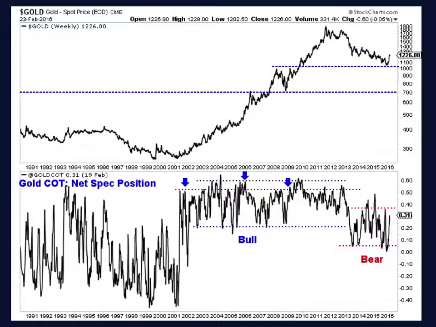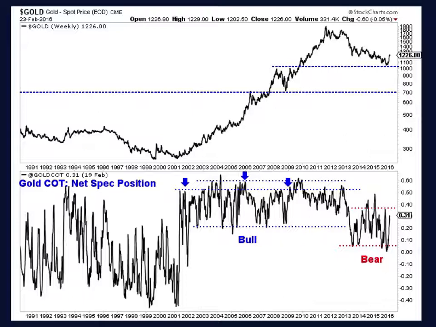And so when the position is higher, that means that there are more speculators long the gold market. And if the data is negative, which we haven't seen since late 2001, that means that the speculators are actually net short the market.